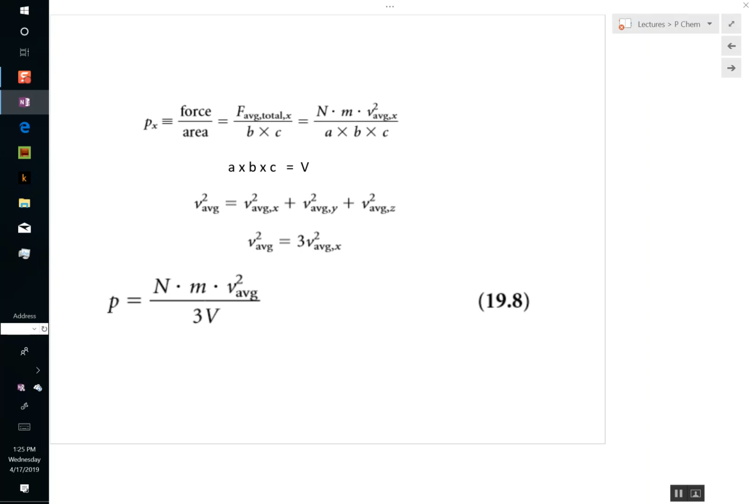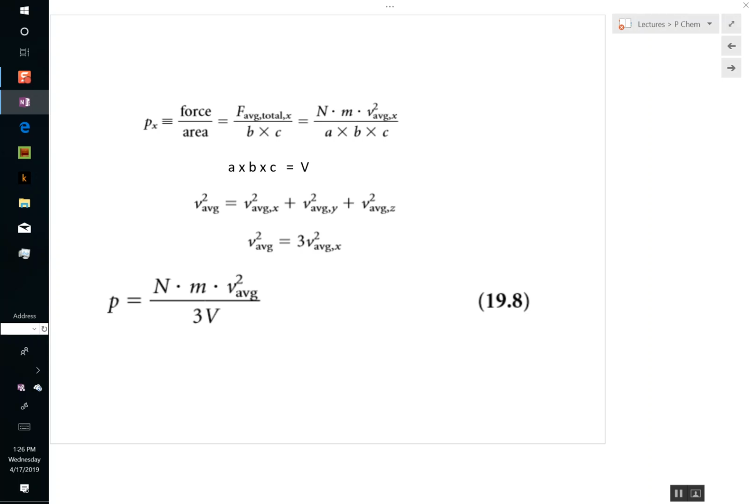They're behaving ideally. They're just a statistical game of what they're doing. So those are all equal in the x, the average. For one particular particle, yes, we could say the x is different than the y or the z, but statistically speaking, the averages of the velocities in the x, y, or z direction are going to be identical.